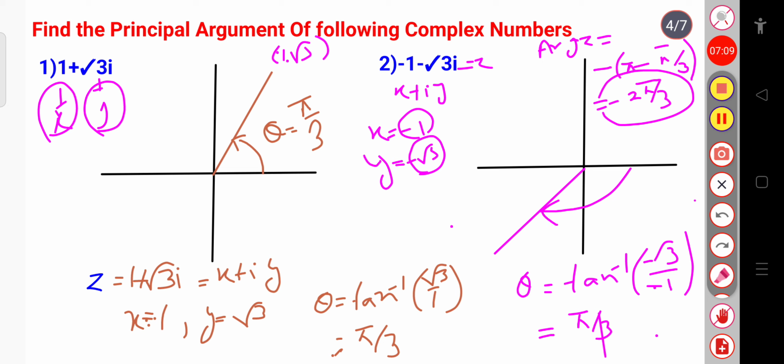This angle is 2 pi by 3, clear? Since this is negative, you can write this is the 2 pi by 3 angle. When theta is positive, it means that we are considering the anti-clockwise direction.